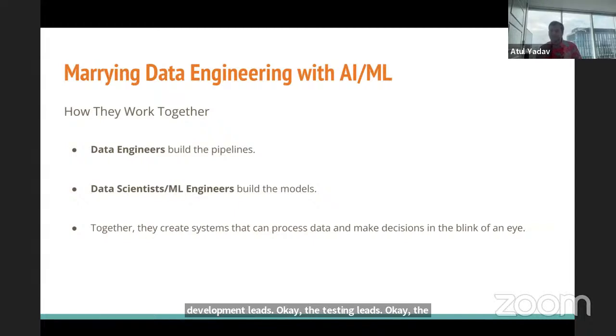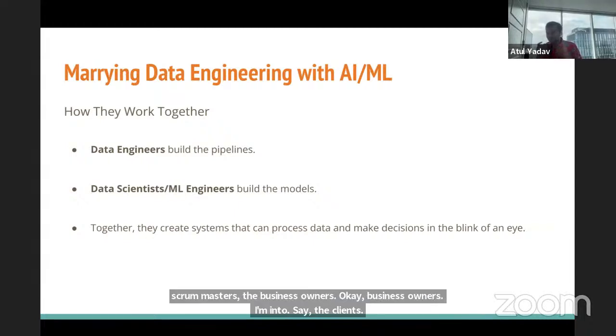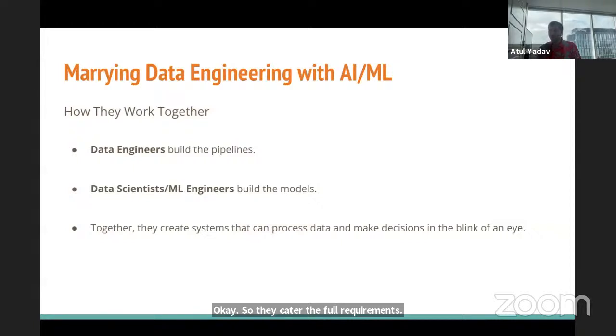So they cater the full requirements, they define the roadmap of that particular product, and the data scientists, the data engineers, the ML engineers, the testers, the developers, the infra engineers all work under that product owner, which helps in facilitating this seamless product development. Okay, right? So this is something data scientists do and the ML engineers are doing, right?